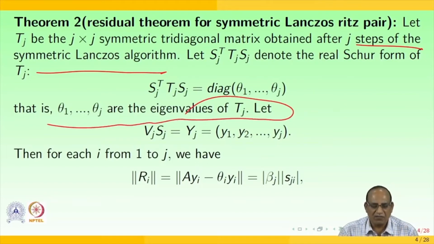Let Vj Sj be equal to Yj, that is y1, y2, y3, up to yj.